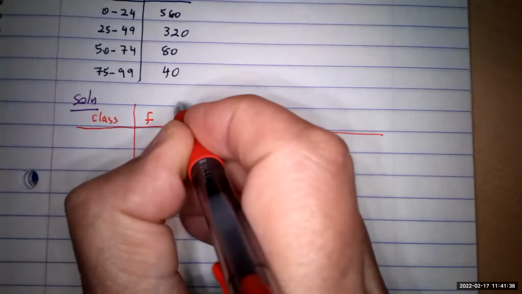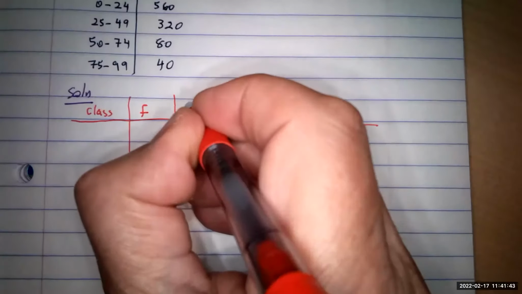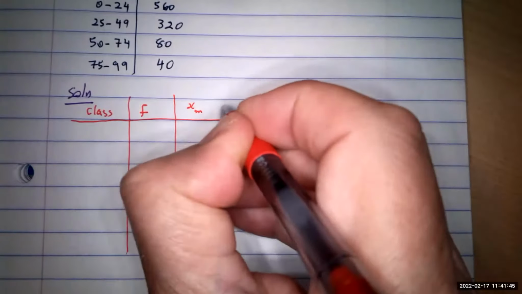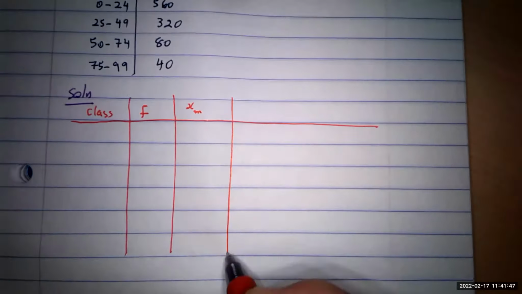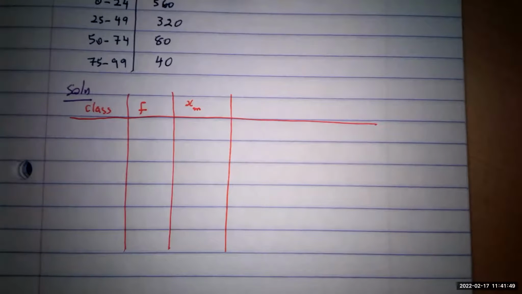In the first part, it's going to be class. The frequency of the class, which is going to be F, is already given to you. You have to find the XM, the midpoint. And instead of those X's in the formula, you're going to use the XM.